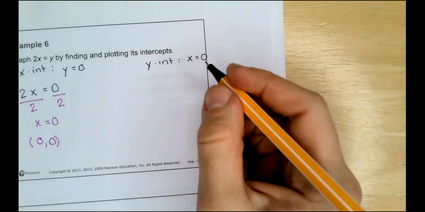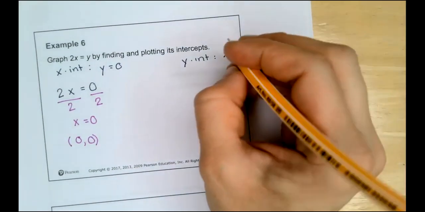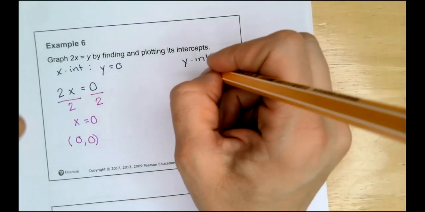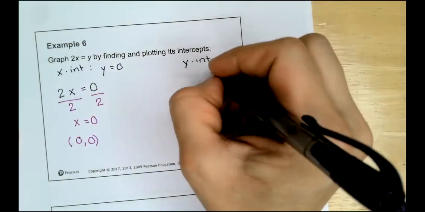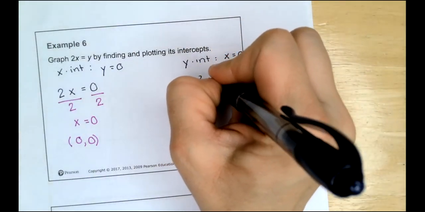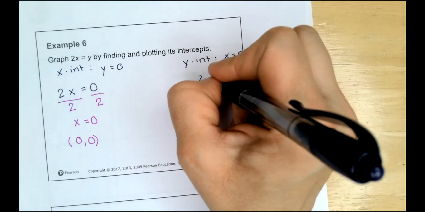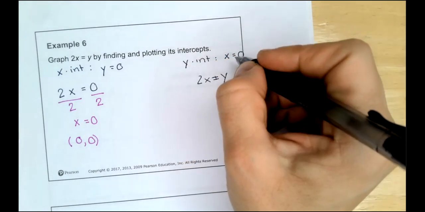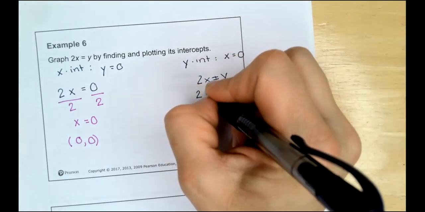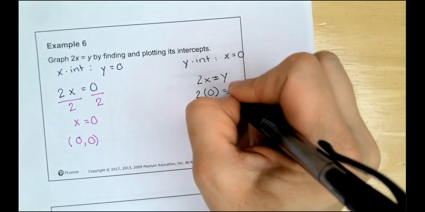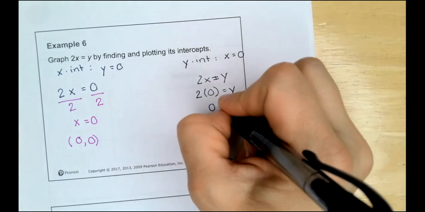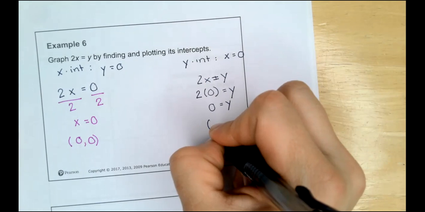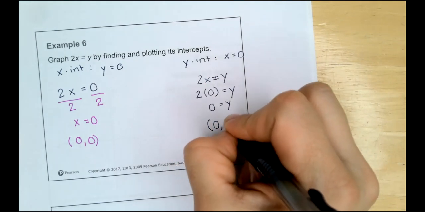For my y-intercept, might be the same. I have 2x equals y. And I'm going to make x 0. So that's 2 times 0 equals y. 2 times 0 is 0. 0 is y. So my y-intercept is 0, 0.